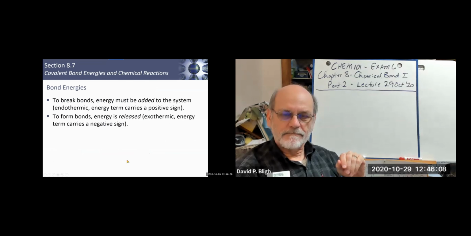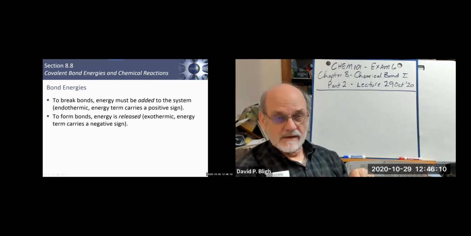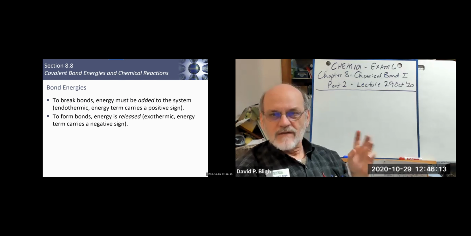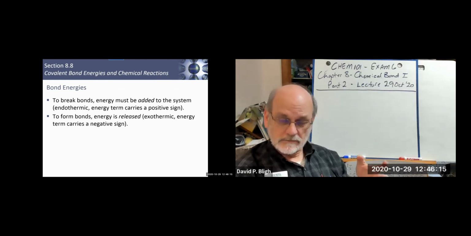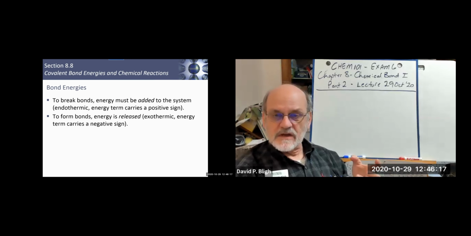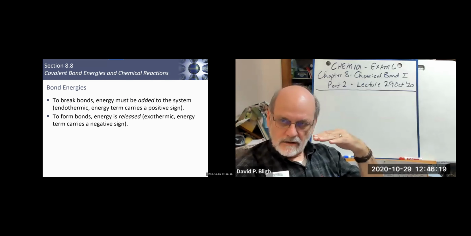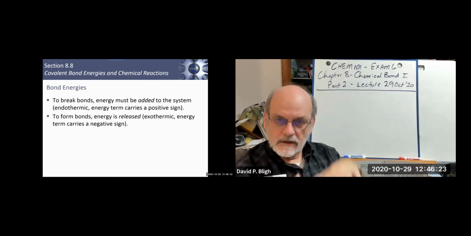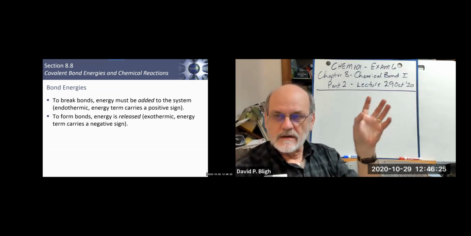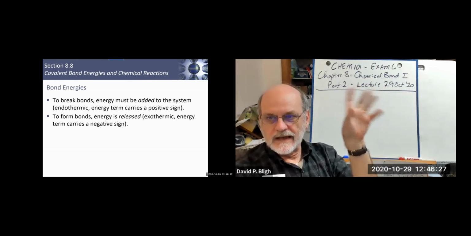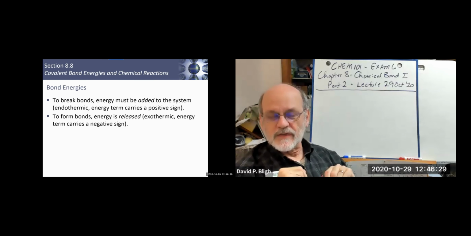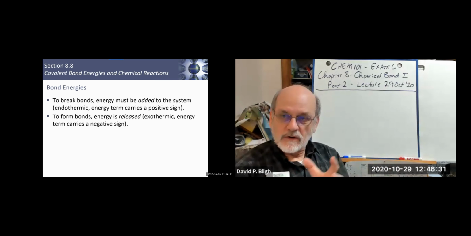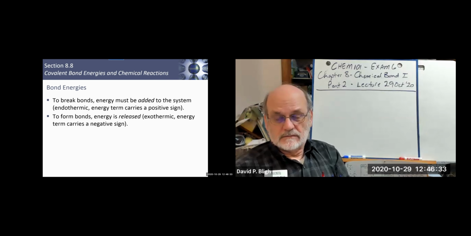So, bond energies. Whenever you have a bond, we talked about this earlier, it means that the energy level of the molecule or the product is lower than the energy of the unbonded elements. So that means when they come together, they're going to give up some energy. Right?